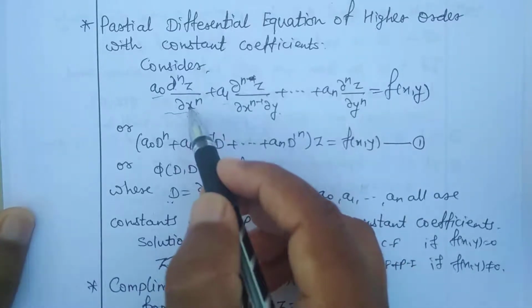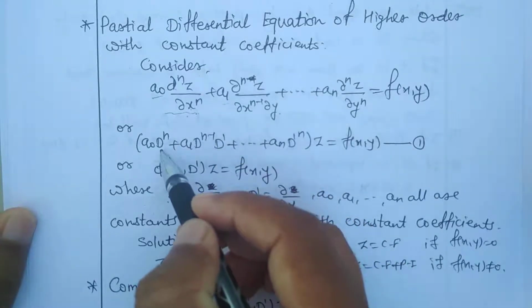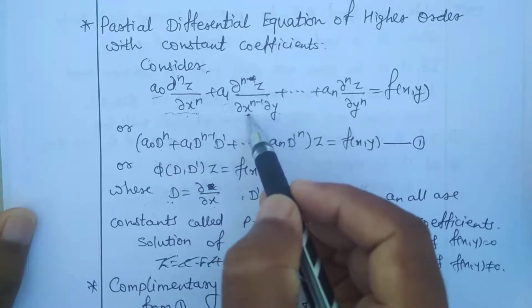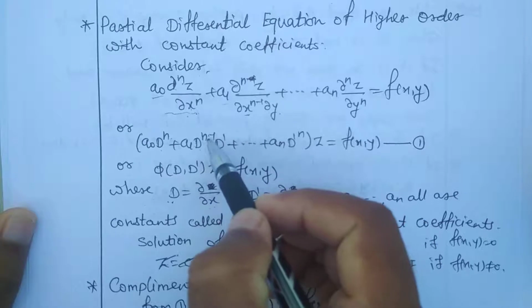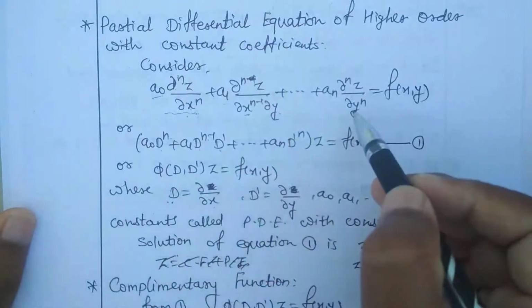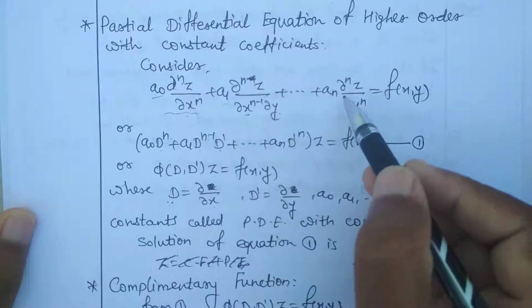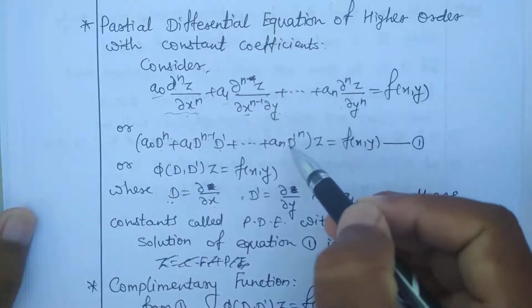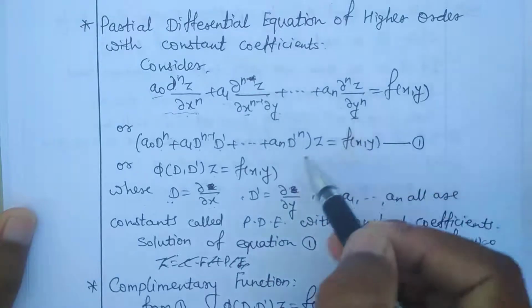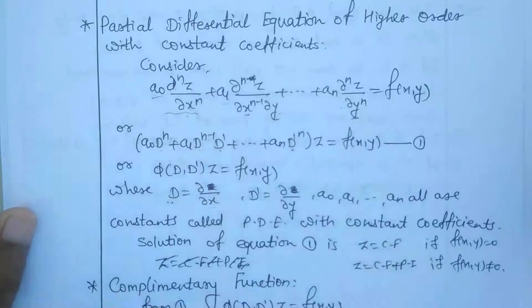So for the nth derivative we have to use capital D raised to n. Then for the (n-1)th derivative with respect to x we use D raised to n-1, and one derivative with respect to y, so D dash, like that up to the last term. With respect to x there is no derivative, so there is no term of capital D, but with respect to y there is the nth derivative, so there is a term of D dash raised to n.